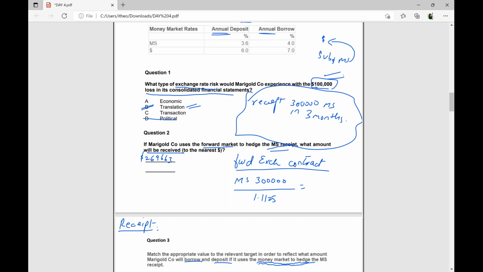We are receiving shillings 300,000 in 3 months. It's a receipt case or a payment case? It's a receipt case. Shillings 300,000 will be received in 3 months.